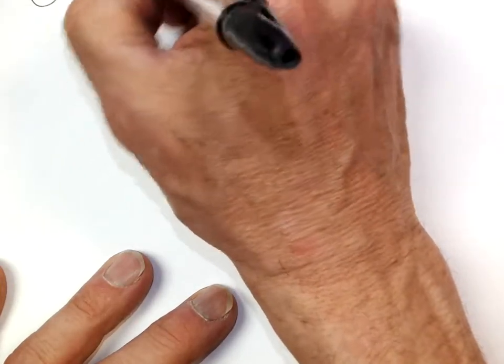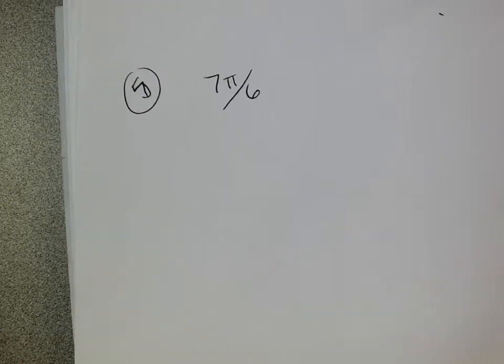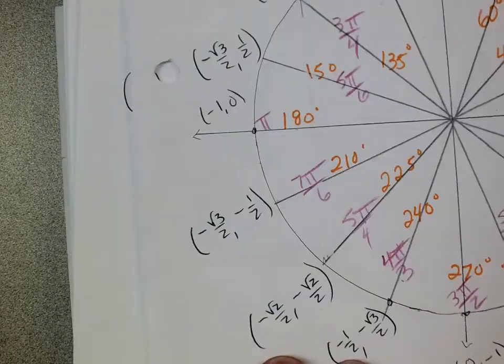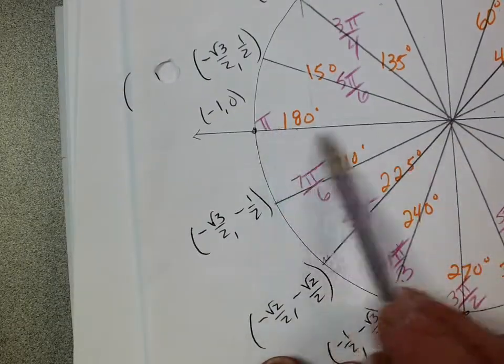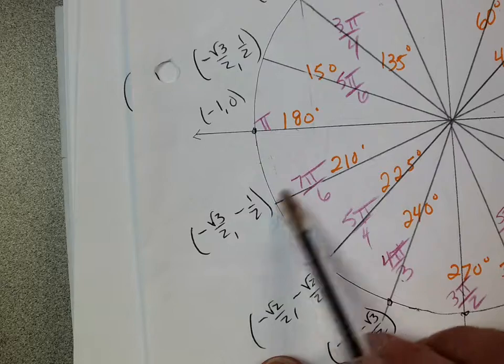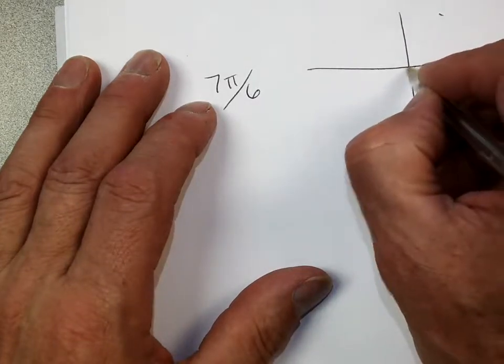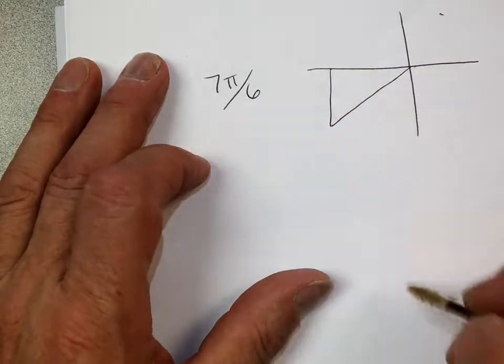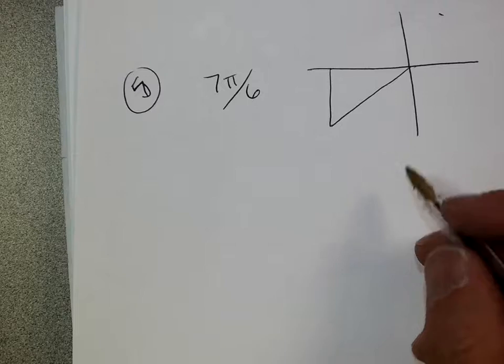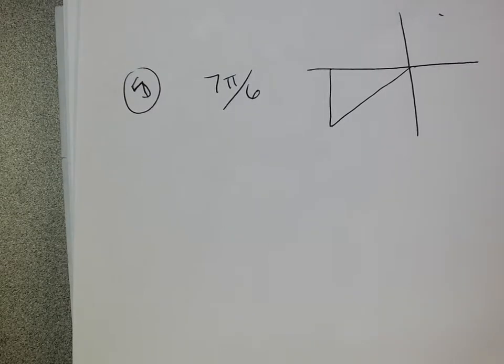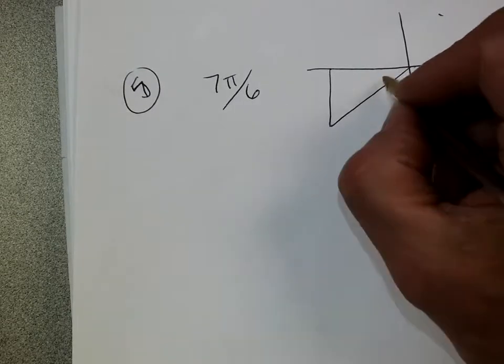7 pi over 6. Thanks, Marie. I need a reference angle, right? On our unit circle, 7 pi over 6 is here. I want to create a triangle within that. If I just draw a cute little picture, it looks like this. We need it in terms of radians, but we can get it in degrees first, because we know that's a 30-degree angle.